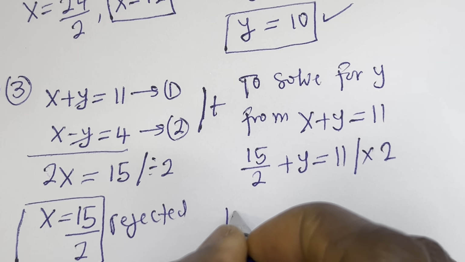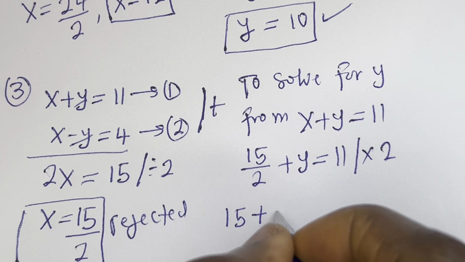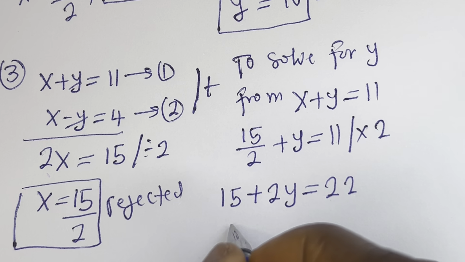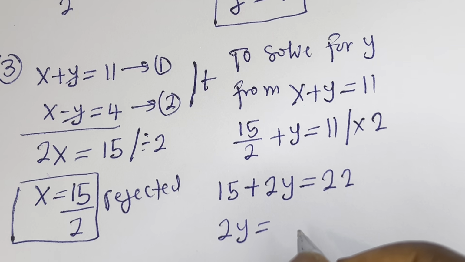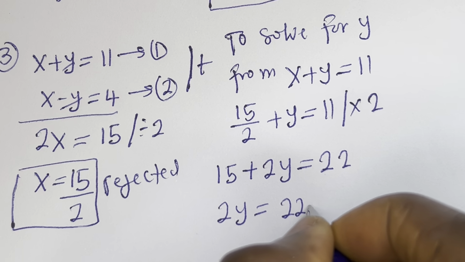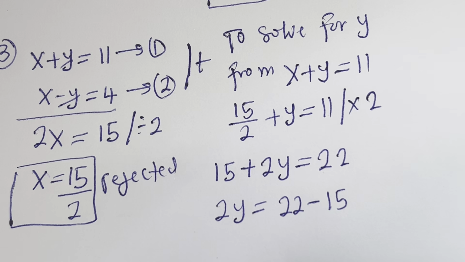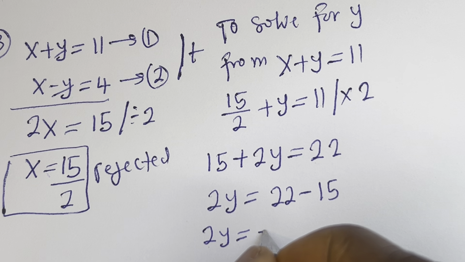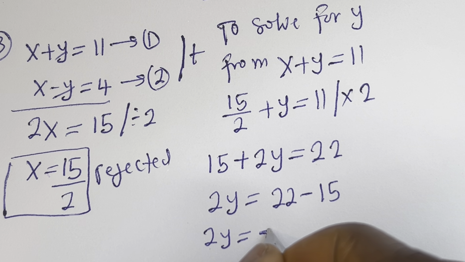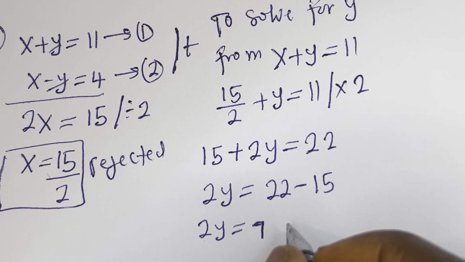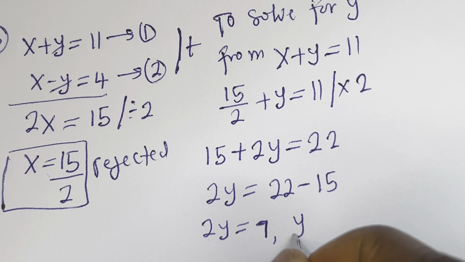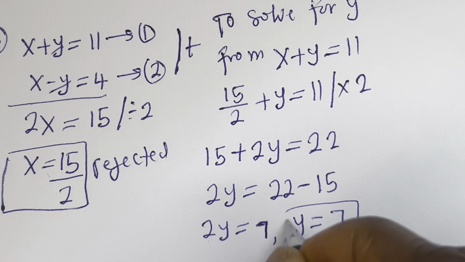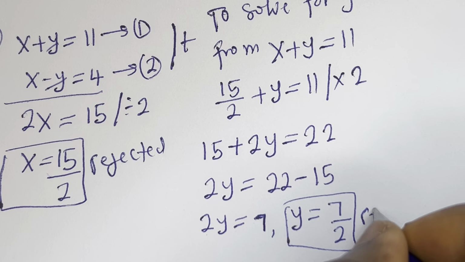Here we have 15 plus 2y is equal to 22. Now 2y is equal to 22 minus 15. 2y is equal to 7. Then y is equal to 7 divided by 2. And of course, this is not a natural number. It is also rejected.